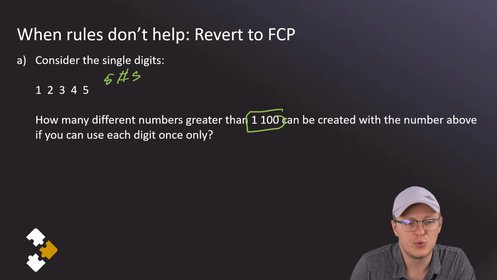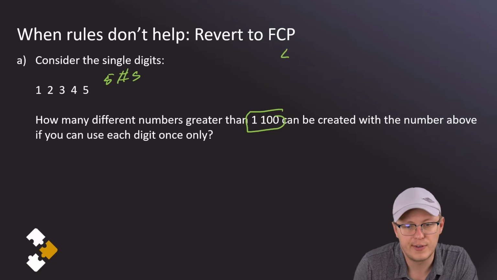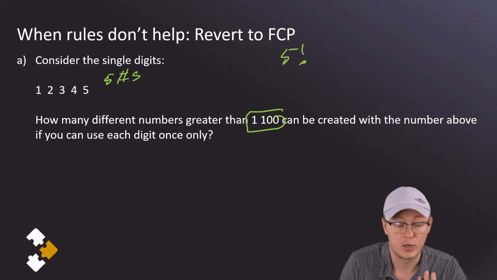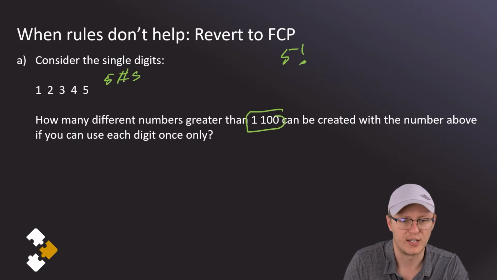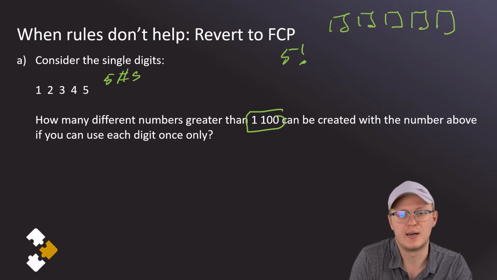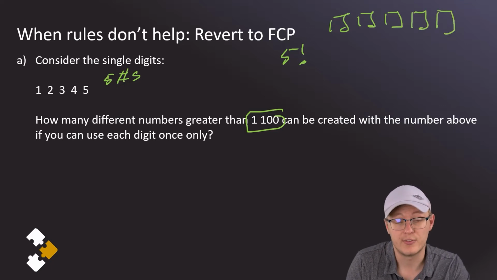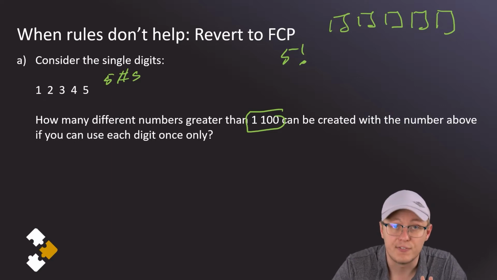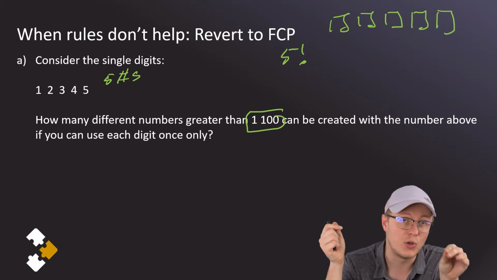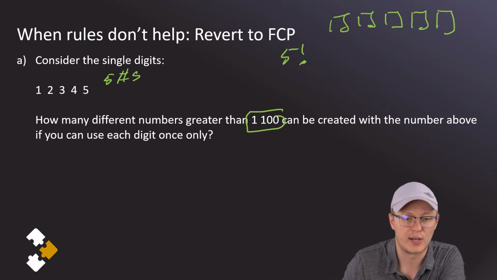So the ways in which these 1, 2, 3, 4, 5 can be arranged if we select 5 of them is going to be 5 factorial, because we can use each digit only once. So those are all the 5-digit numbers that we can make, and all of them are going to be greater than 1100. But then there are also some 4-digit numbers that will be greater than 1100.